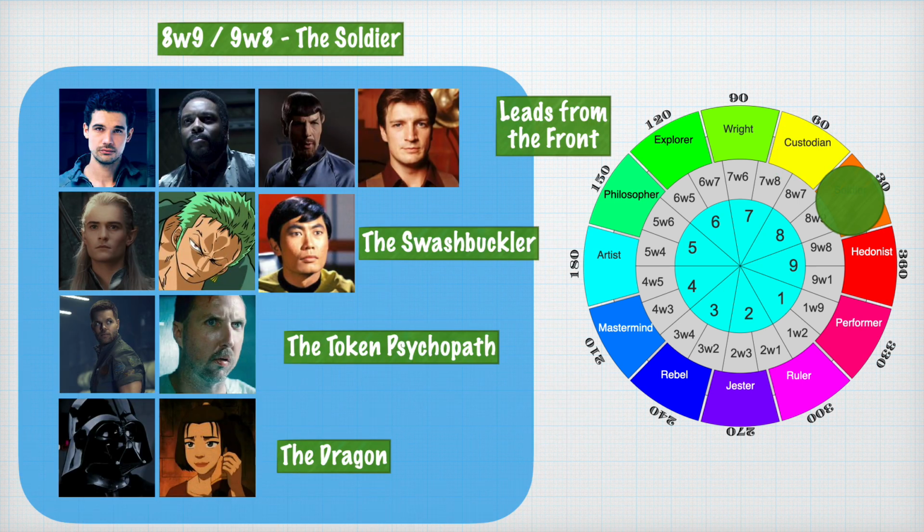Soldiers are our team players, our leader out in the front, our swashbuckler, our token psychopath, and then sometimes a protagonist sort of character goes evil, and then we've got the dragon, that one that the emperor knows he can send out, and he's going to get the job done because he's just so damn loyal.